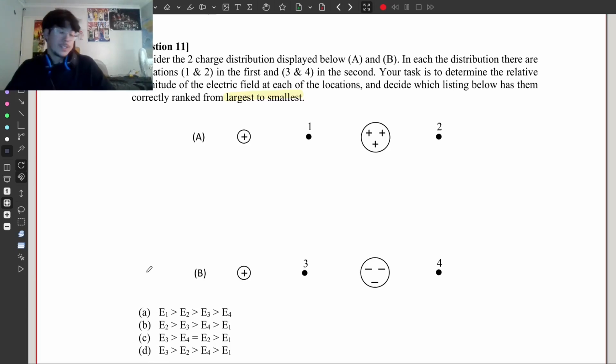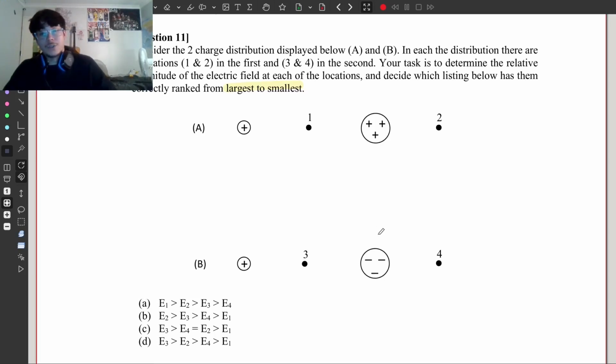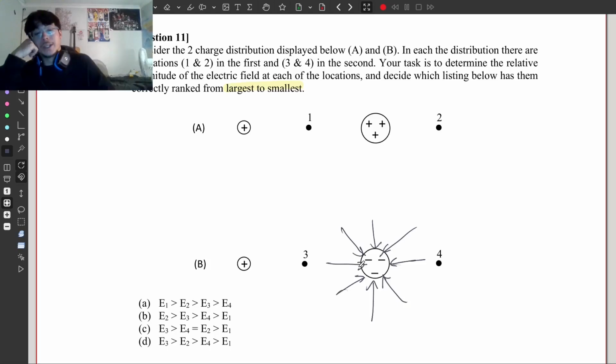So what I like to do first is to just draw my electric field lines for these charge distributions because they haven't been included. So I'll start with this guy here. We know that the electric field lines for a negative charge will be going towards it, because the electric field lines are directed in a way where a positive test charge would move.